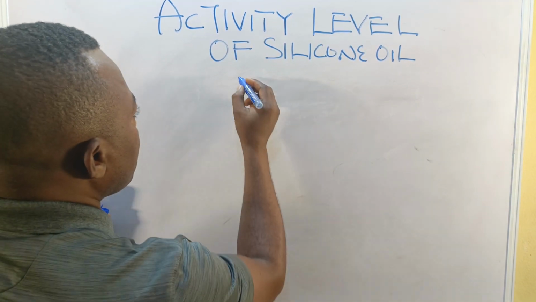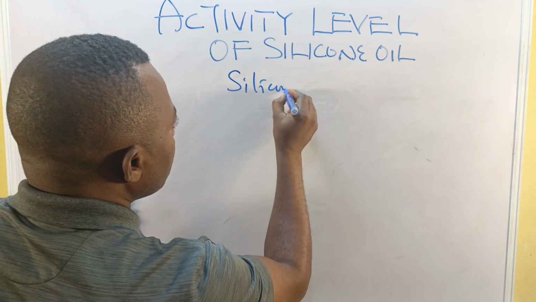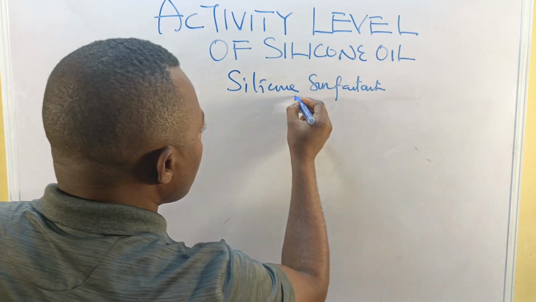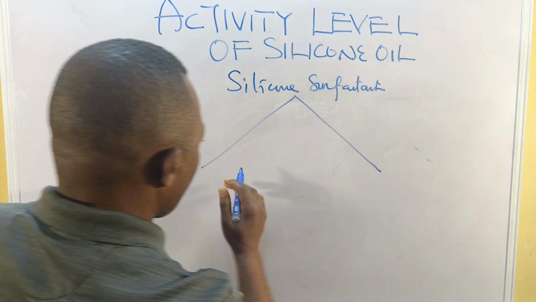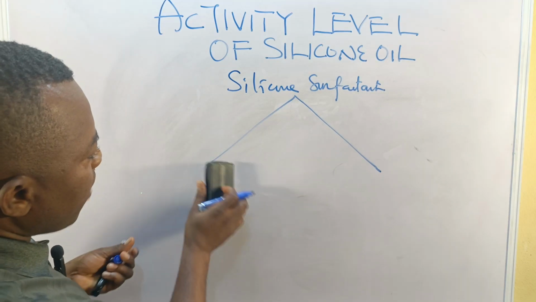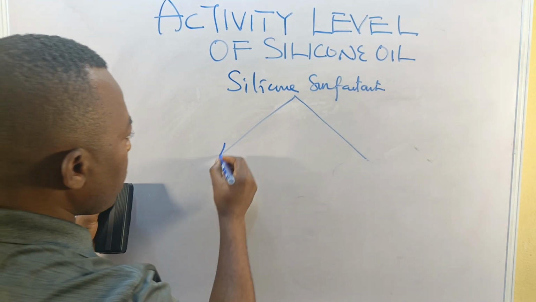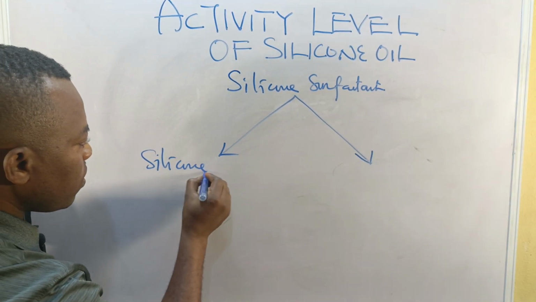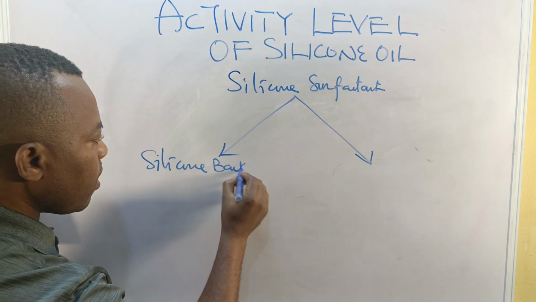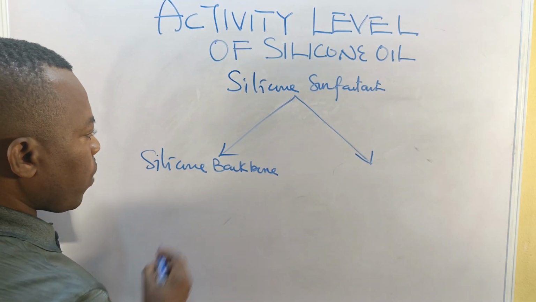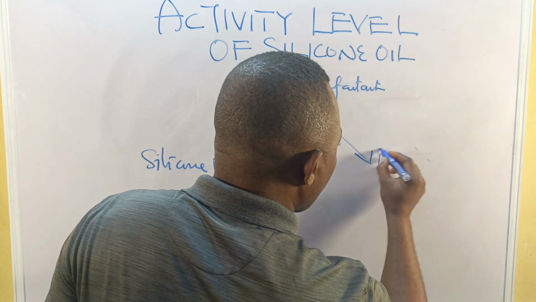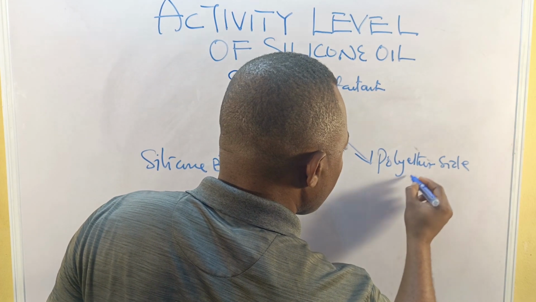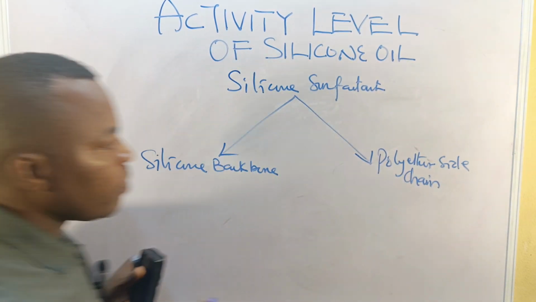Now let us briefly look at this on the board. We have silicone surfactant. It is of two types. It is made up of a silicone backbone, and it is also made up of a polyether side chain.